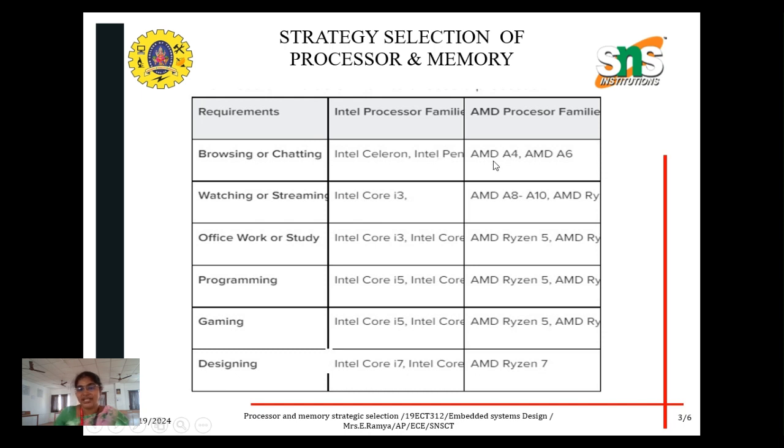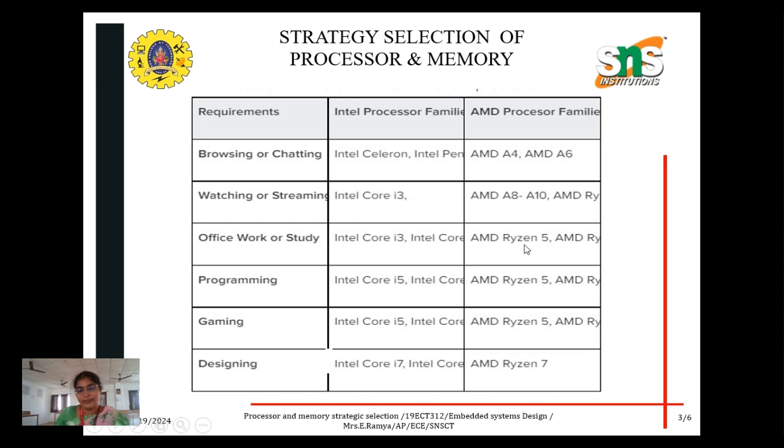In terms of AMD, they can choose AMD A4 and AMD A6. Suppose their requirement is watching or streaming, they can choose Intel Core i3 or AMD A8 or A10. Suppose they use it for office work or study purposes, Intel Core i3 is enough.